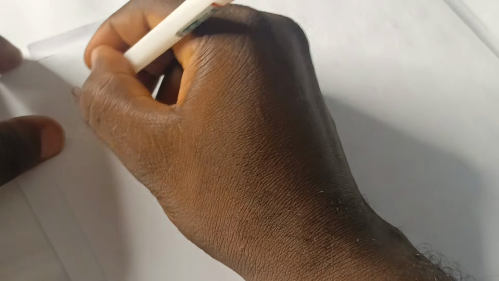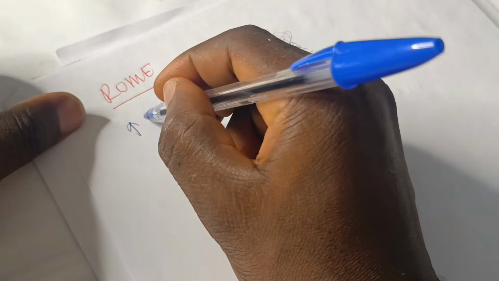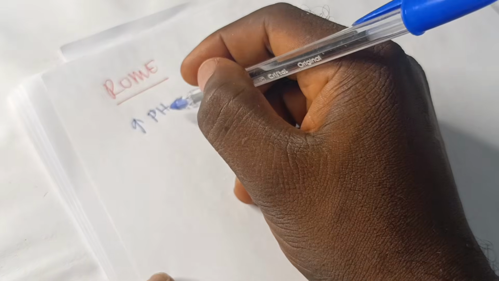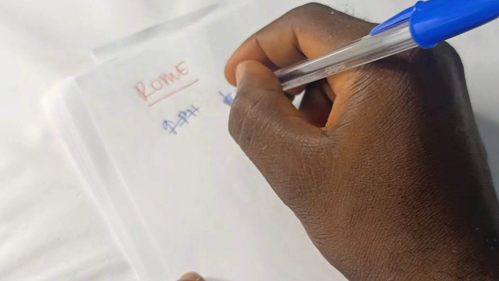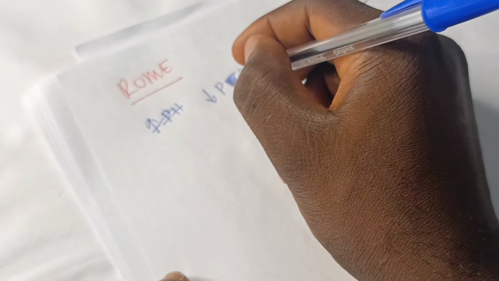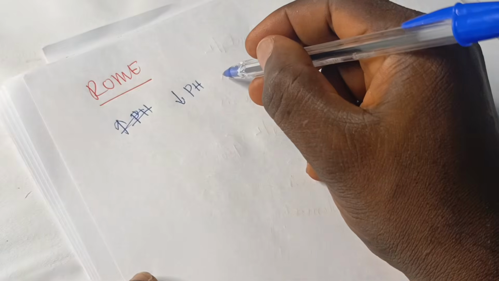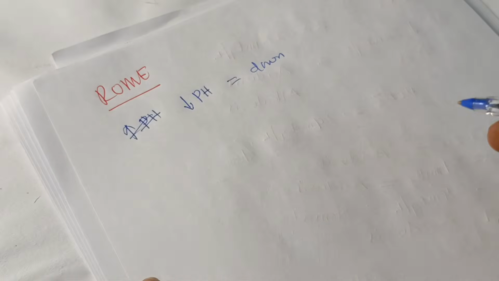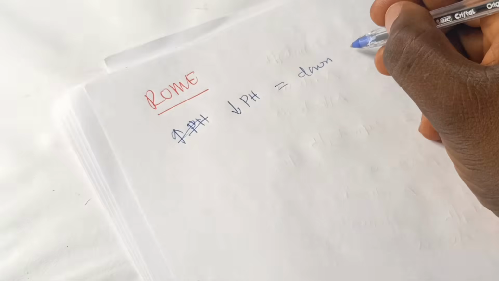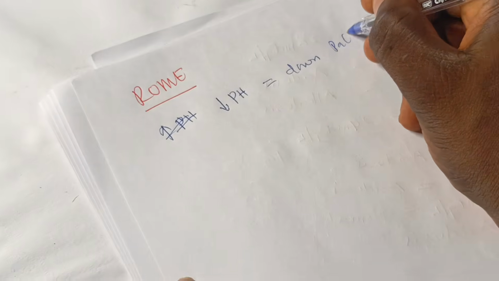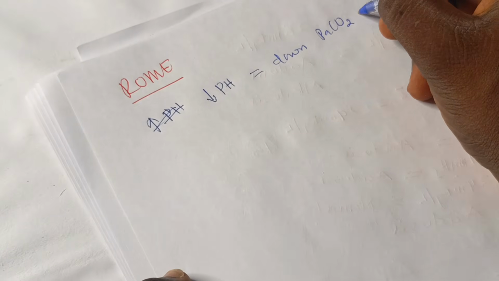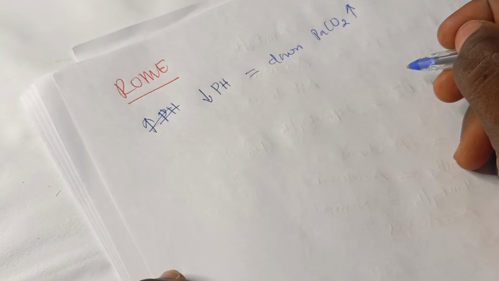So what it means is that, based on the rule, if pH goes down and partial pressure of carbon dioxide goes up, then you have what?